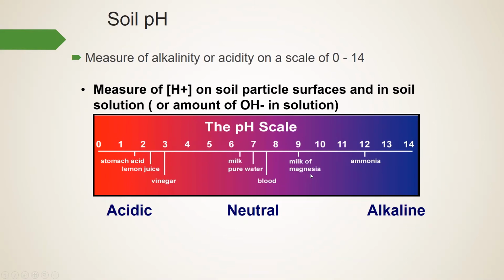So this also ties back into CEC. Generally, if you have a higher CEC, you have a higher pH. And that's going to mean that you have more exchange sites for positively charged particles.